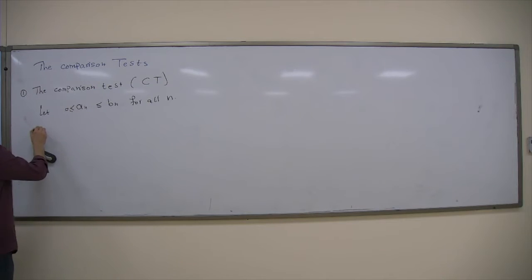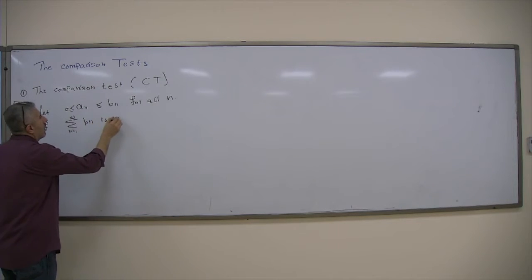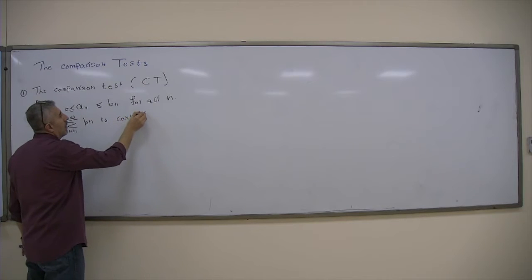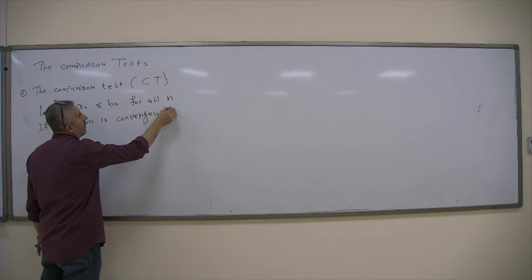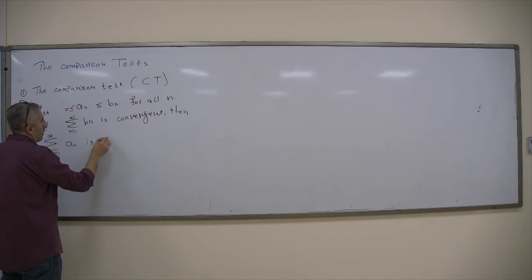If summation B_n, n from 1 to infinity, is convergent, then summation A_n, n from 1 to infinity, is also convergent.